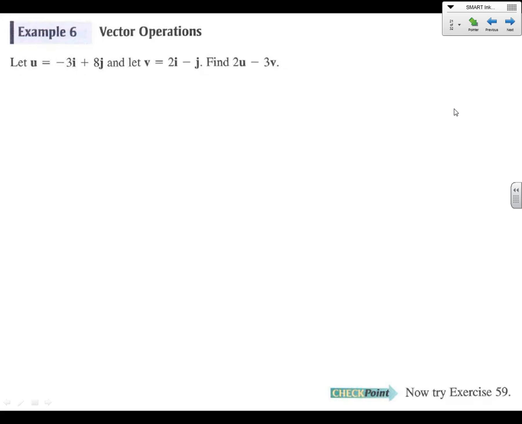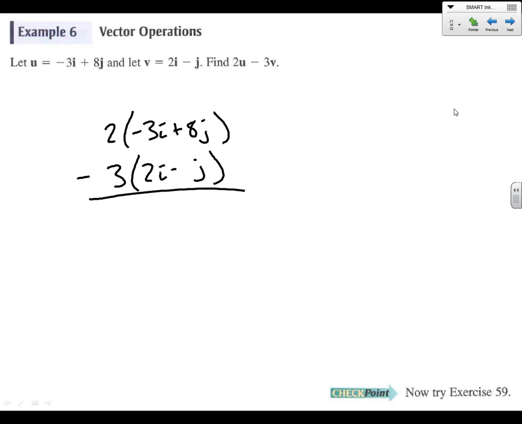All right, vector operations, same thing here. We can just put them all together. 2u minus 3v. 2 of -3i plus 8j minus 3 of 2i minus 1j.